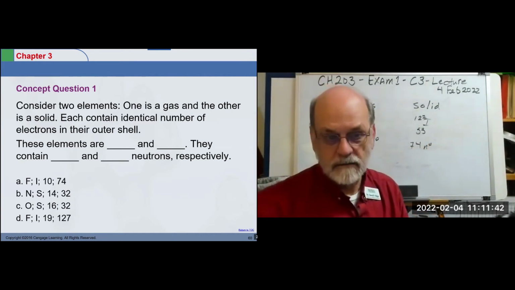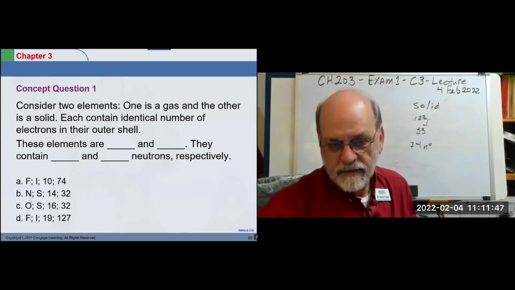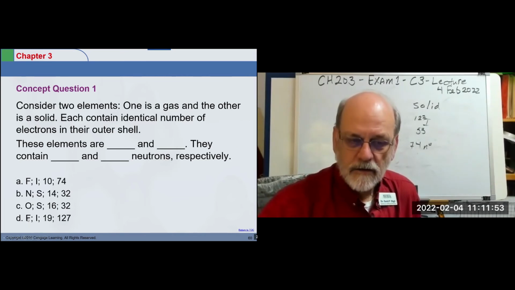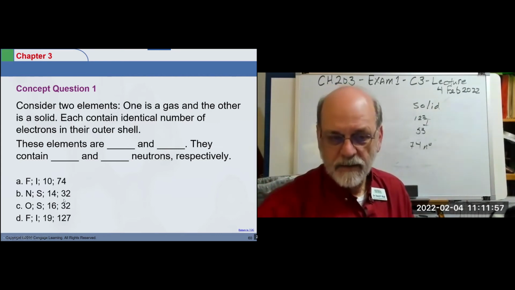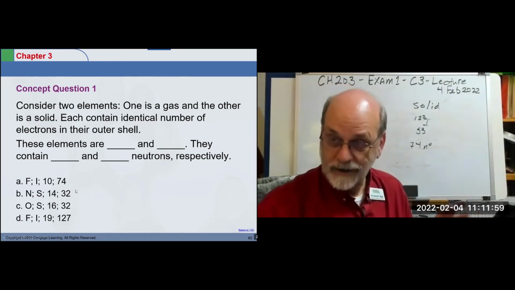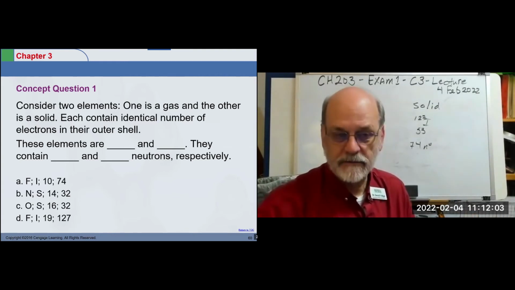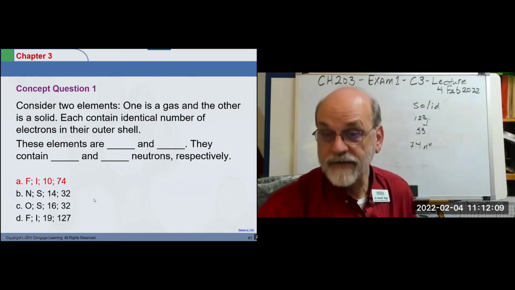Yeah, that's entirely possible. Nitrogen is a gas, sulfur's a solid. Oxygen's a gas, sulfur's a solid. So the first condition is met for all of them. But the second part, if we're eliminating, then we've got our answer. A fits. We could go through the rest of them, but in the interest of time, we've got the answer.